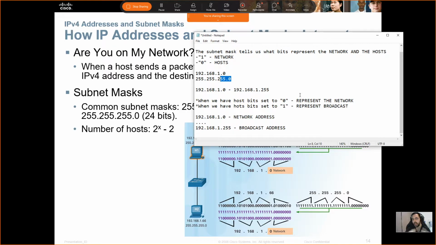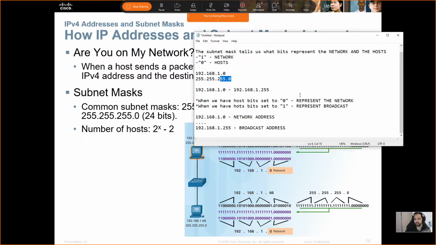Okay, so in our Cisco Packet Tracer example, if I told you that we have to use the 192.168.1.0 network and the subnet mask was 255.255.255.0, you immediately know that you can use any address between 192.168.1.0 and the 255, but you cannot use the 0 and you cannot use the 255 for the hosts.